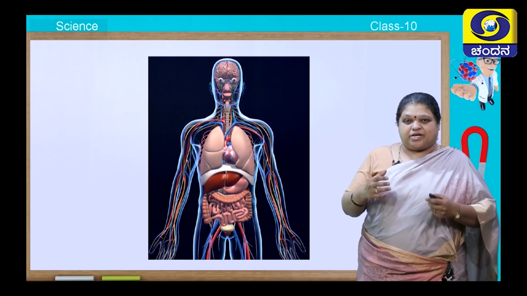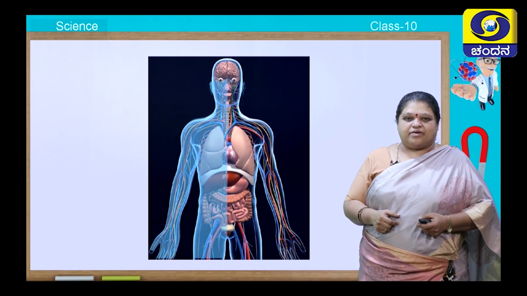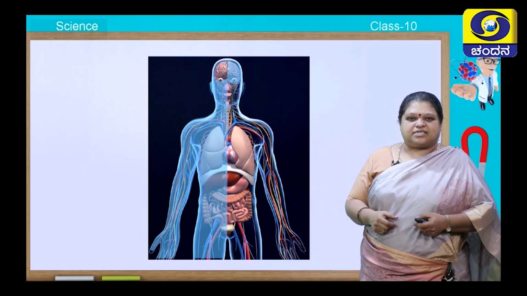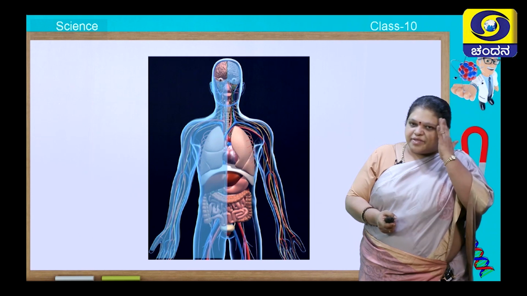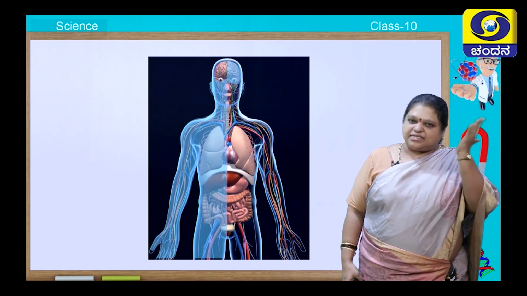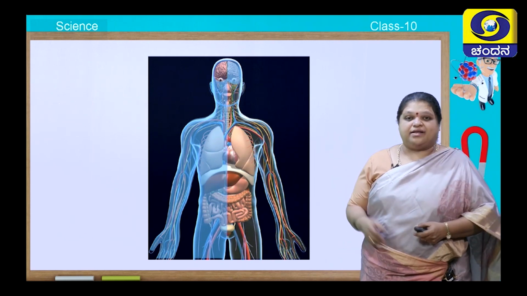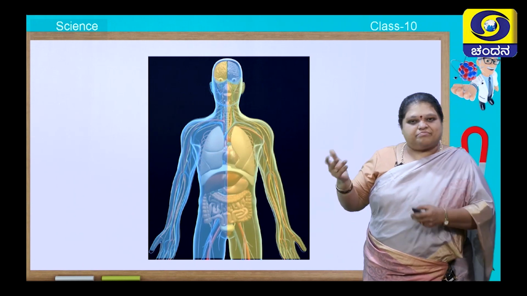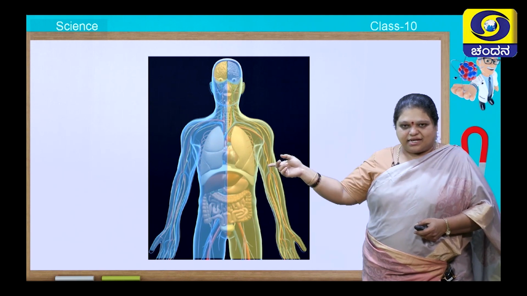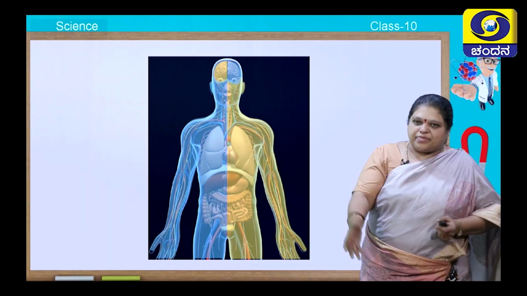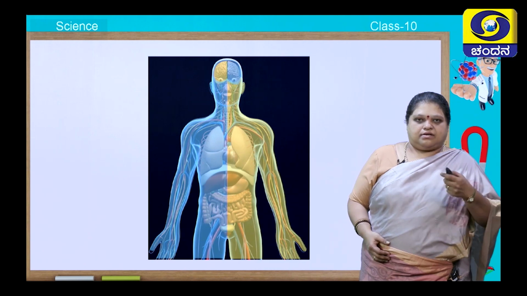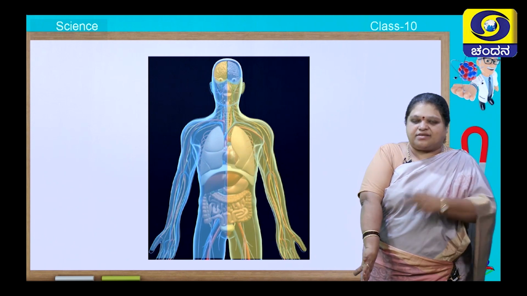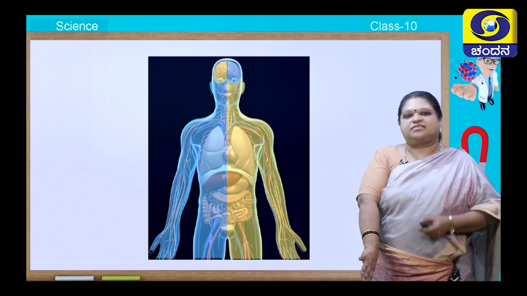Not only that, because of the cerebral hemispheres, the right side of the body is controlled by the left side of the brain, and the left side of the body is controlled by the right side of the brain. If a person has been attacked by paralysis, a stroke on the right side, it means that the left part of the brain is affected.